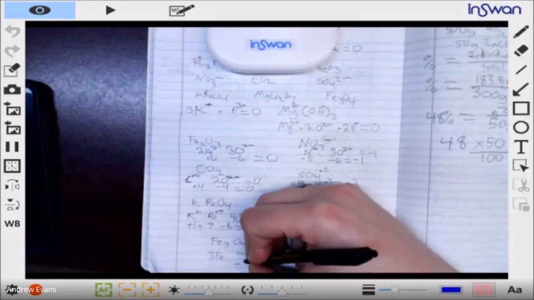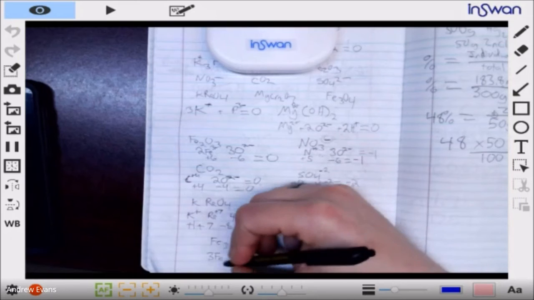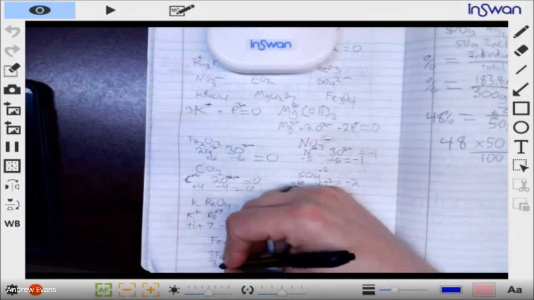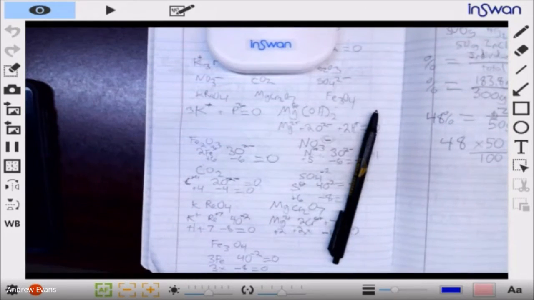So if I have -8 and I have 3x, what is the problem here? Well, 8 isn't evenly divisible by 3. And there's no such thing as a partial charge.